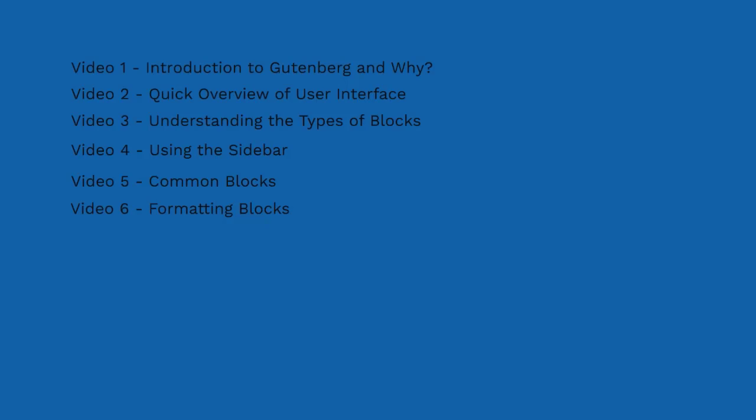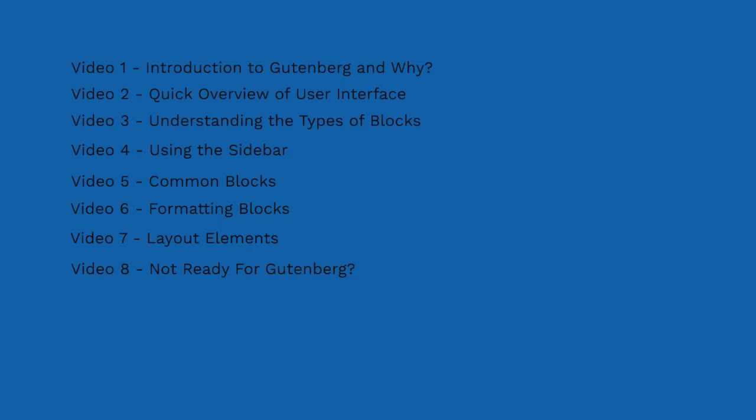So as you can see here, I'm breaking it up into simplified videos. I don't want to put all of these into one video to overwhelm you. All right. So video number 7, we'll talk about layout elements. And video number 8, we'll talk about if you're not ready for Gutenberg and you do not like the editor after you've seen all of this, how do you go about disabling it?